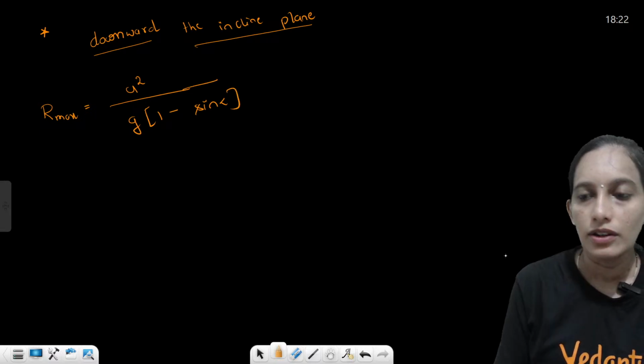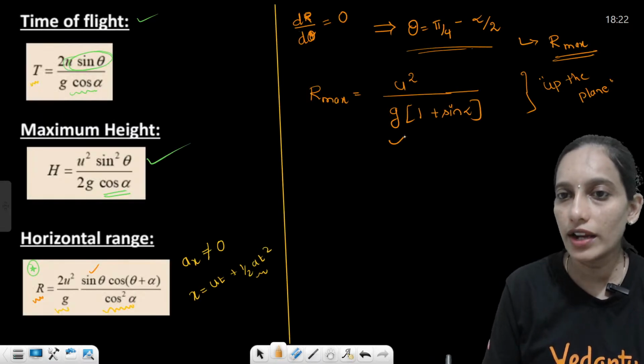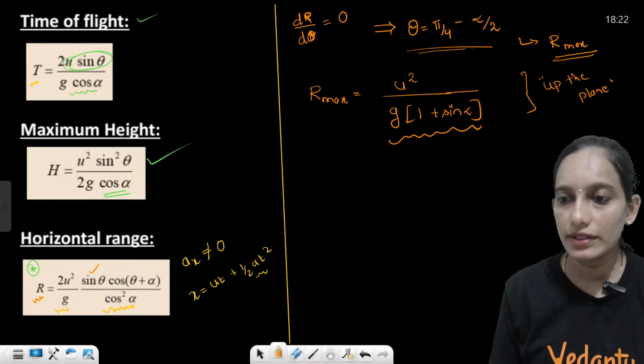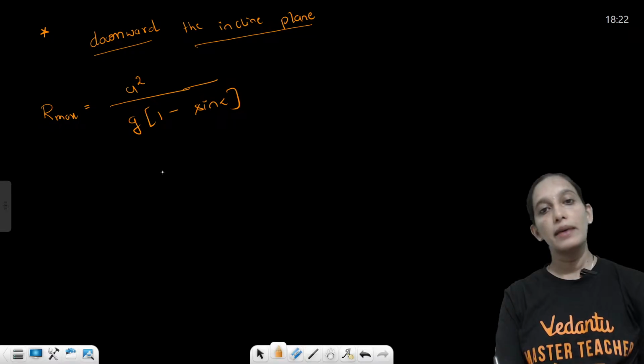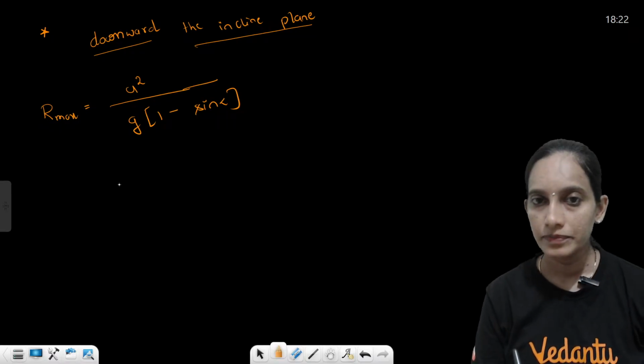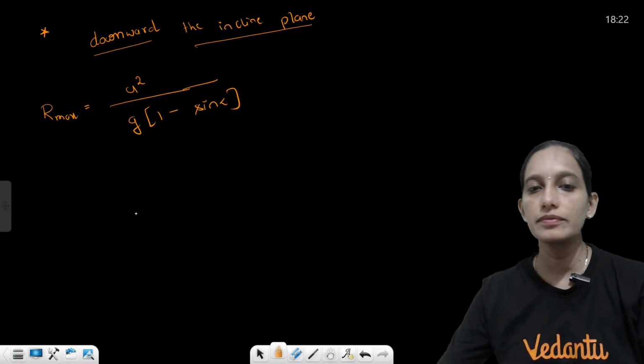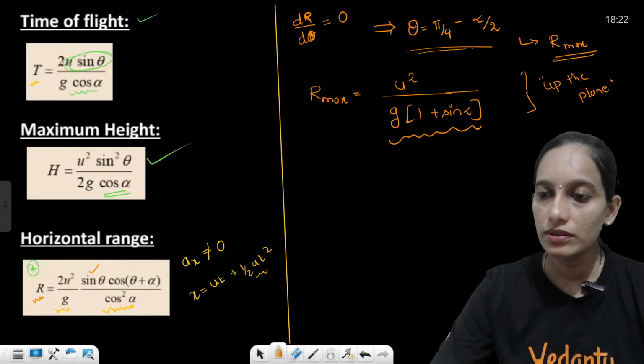Okay, so in the up case it is 1 plus sin alpha, whereas down the inclined plane it is 1 minus sin alpha. Okay? Is that clear? Any doubt?